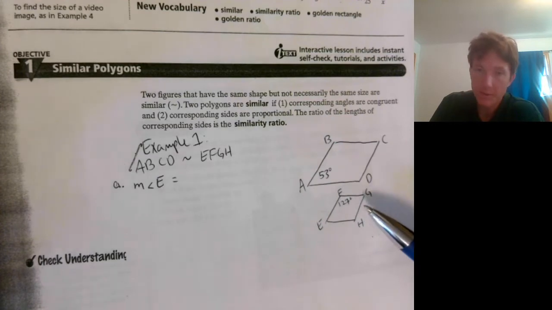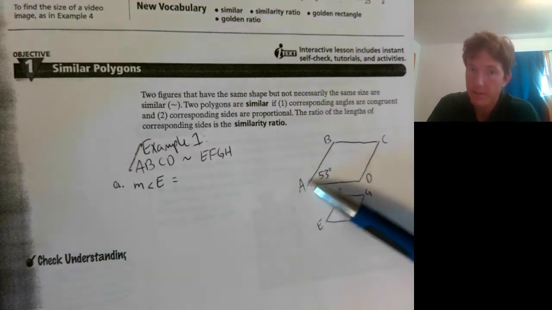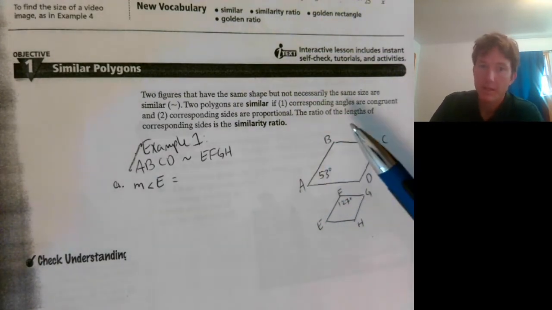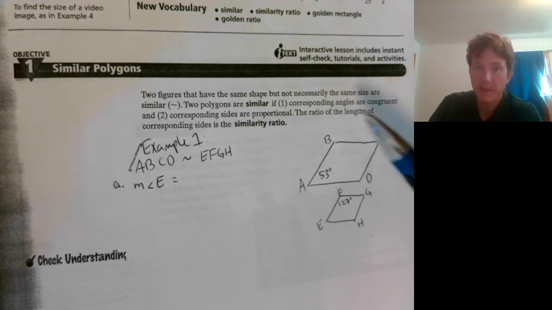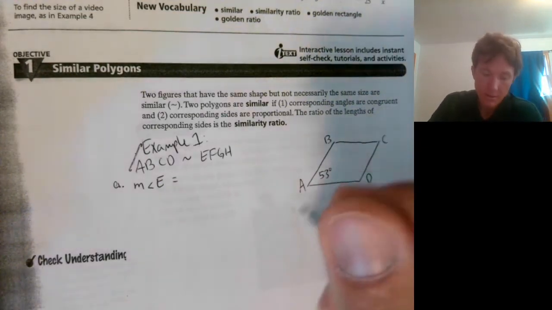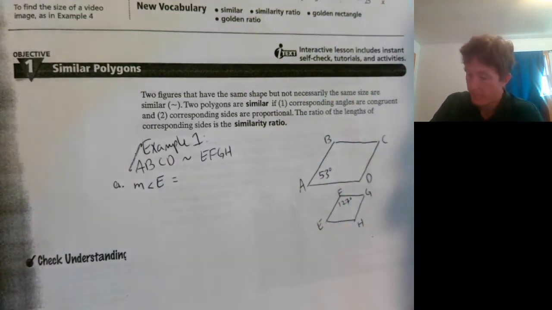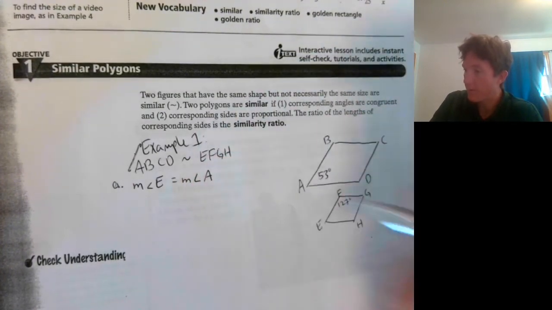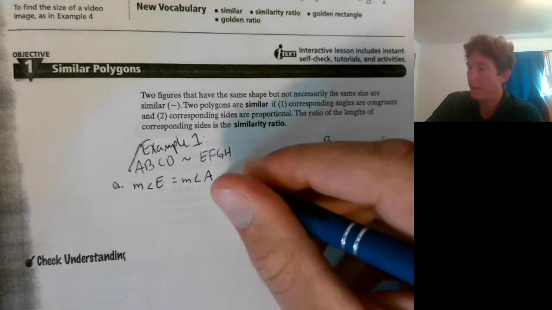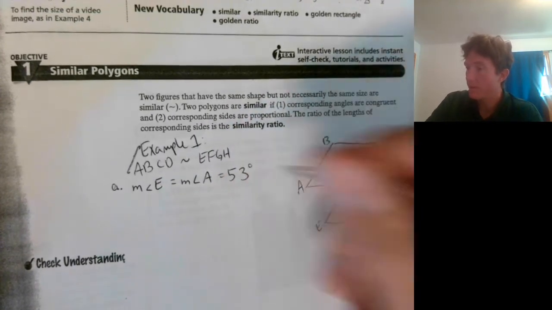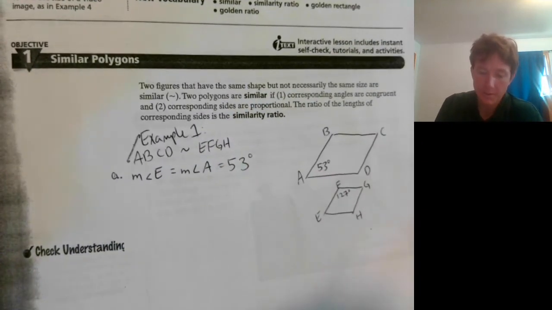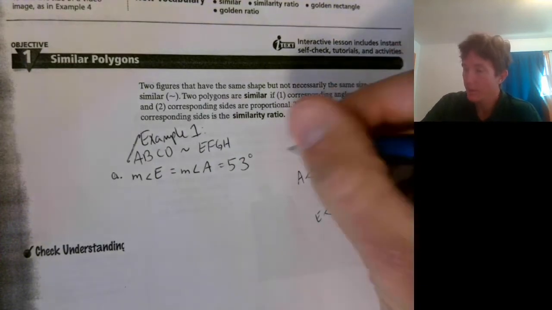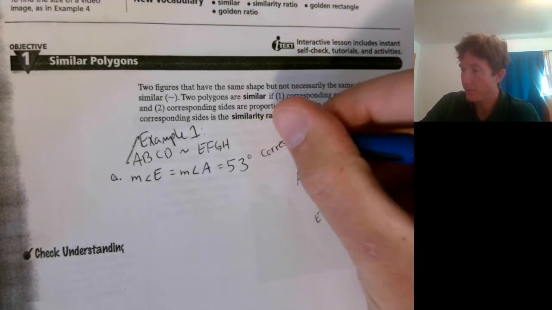If this were rotated, you could rotate it so that those edges meet up, and you'll have what we call a corresponding angle, so that needs to be the same there. So measure of angle E is equal to measure of angle A, and so the measure of angle E is 53 degrees. That's because corresponding angles are congruent.